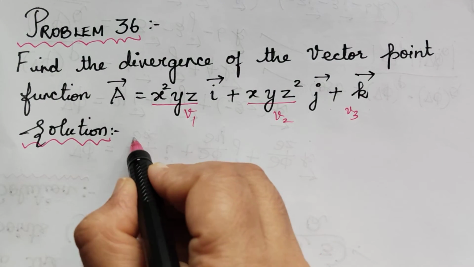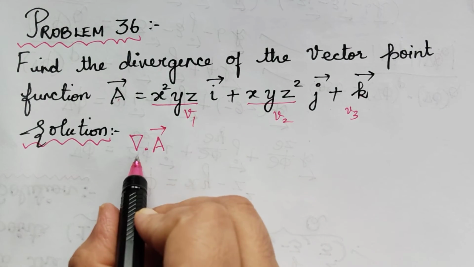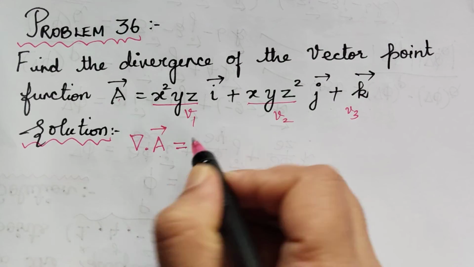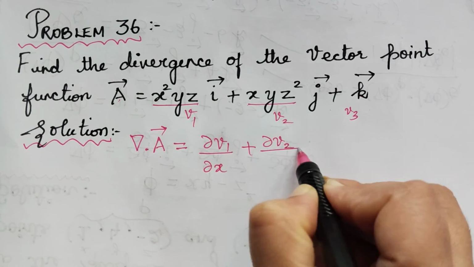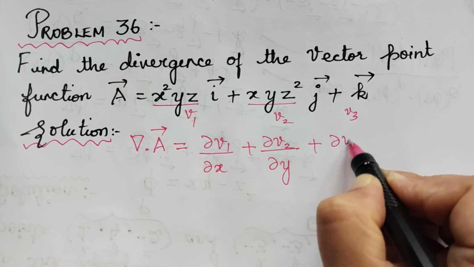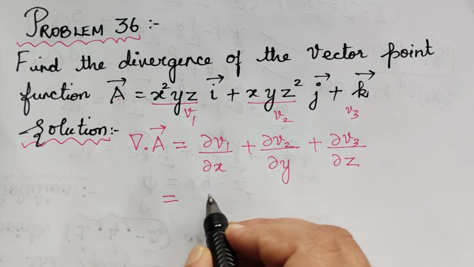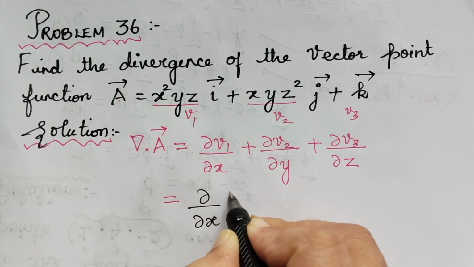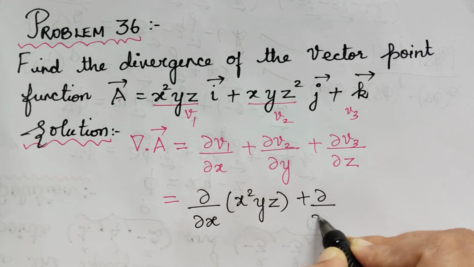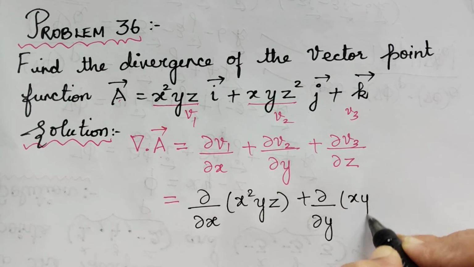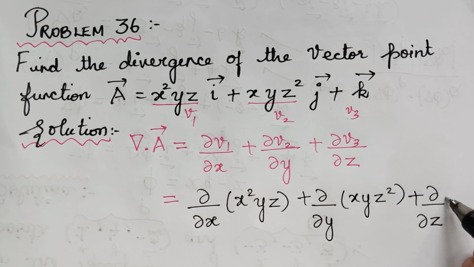Now we know that since a vector is given here, the divergence is given by nabla dot a vector, which is equal to dou v1 by dou x plus dou v2 by dou y plus dou v3 by dou z. Now we shall substitute each of them. On substitution, we have dou by dou x of x square yz, plus dou by dou y of xyz square, plus dou by dou z of 1.